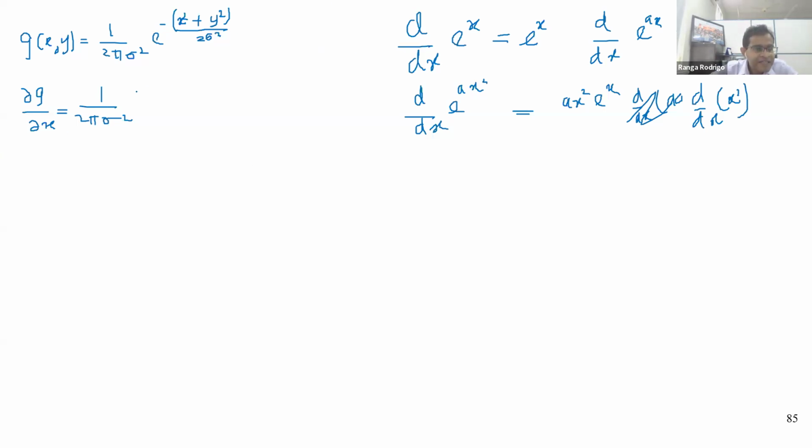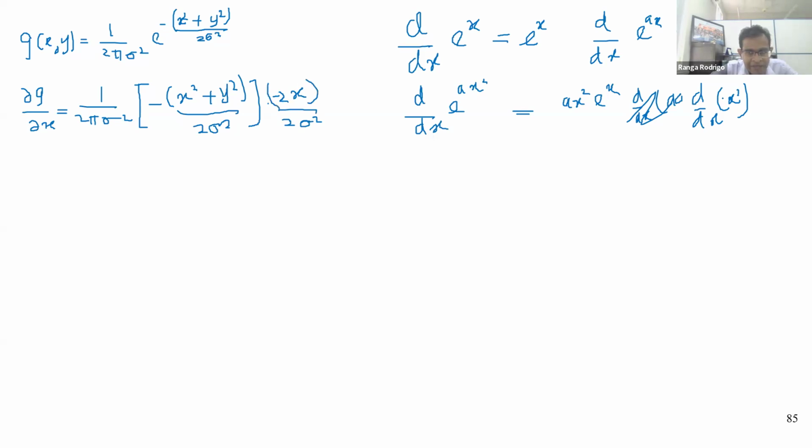So if you differentiate this, you will get minus (x squared plus y squared) divided by 2 sigma squared, then the derivative with respect to x of that, times 2x, minus 2x.